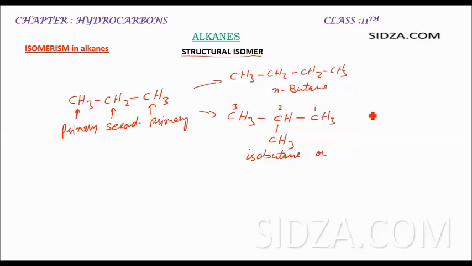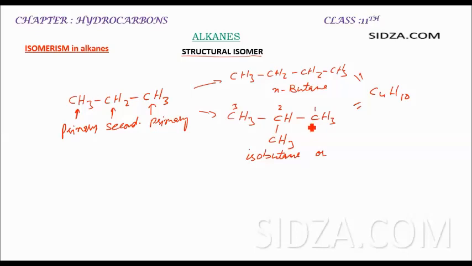When you count how many carbon atoms are here, it is 4 carbon atoms, C4H10. Same formula here, and here also C4H10. Two compounds with the same formula, but the structure is different. One is a chain molecule, a linear molecule, and the other is a branched molecule.